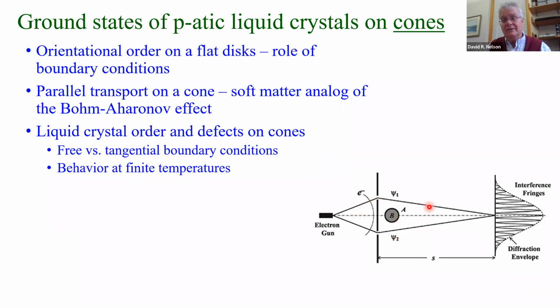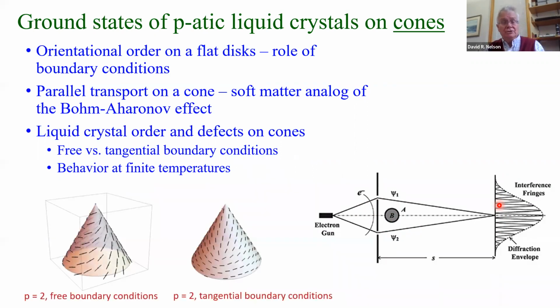There's a vector potential outside the solenoid, even though there's no field, and that vector potential interacts with the electrons and causes these famous interference fringes.